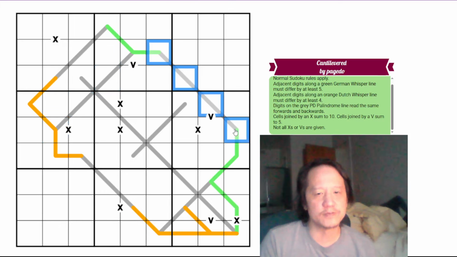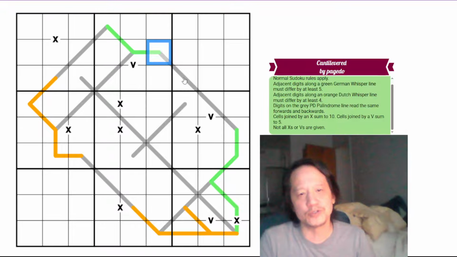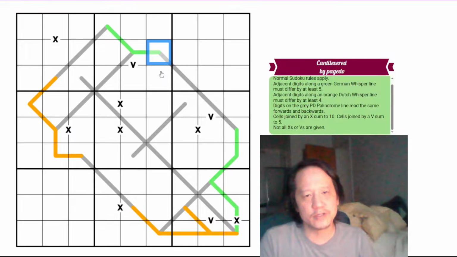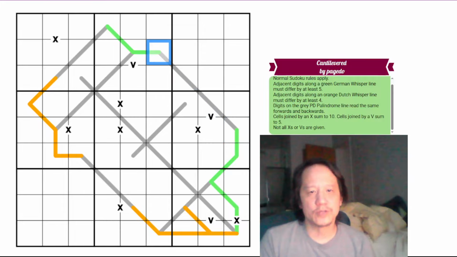You could have an example like 9, 2, 2, 9. That reads the same this way as it does this way. So that's an example of how palindrome lines work.